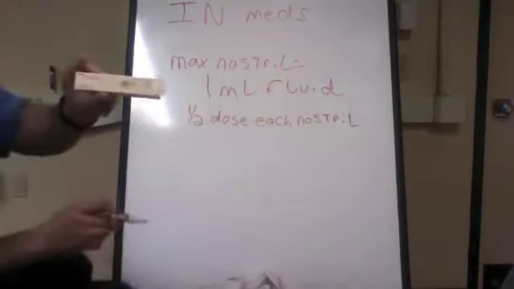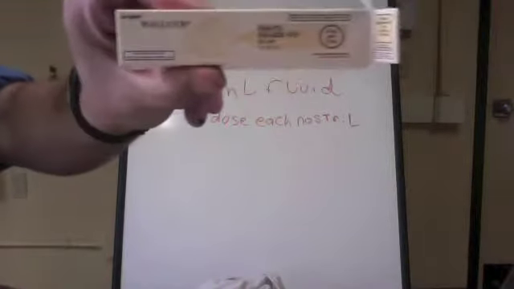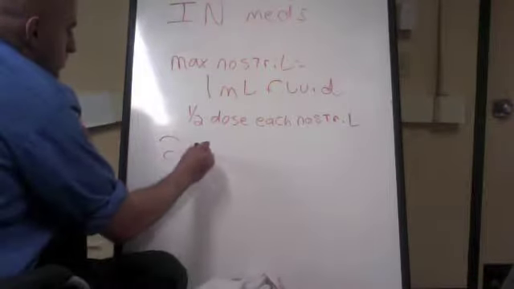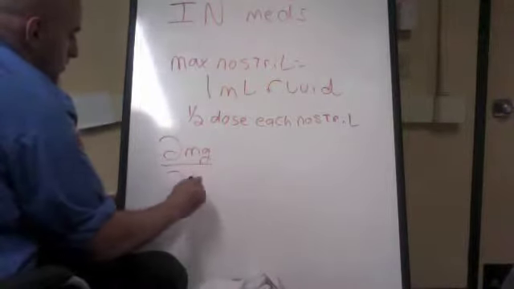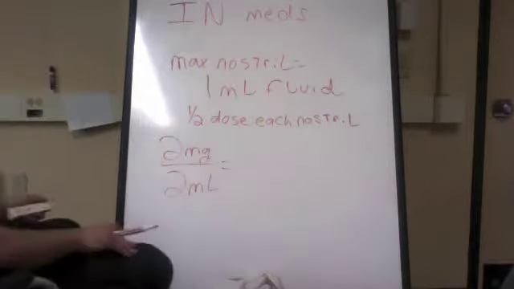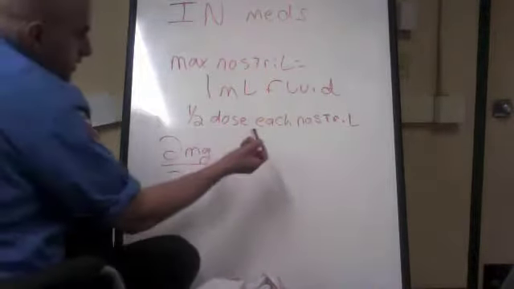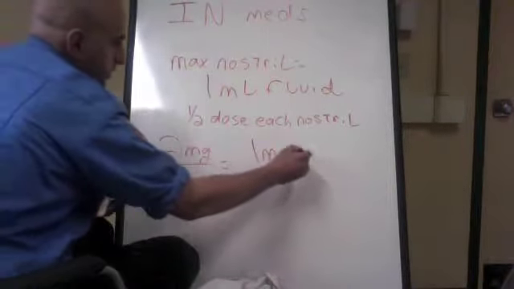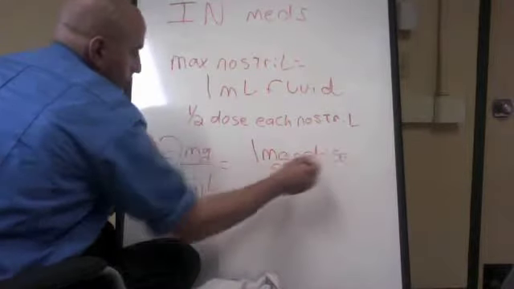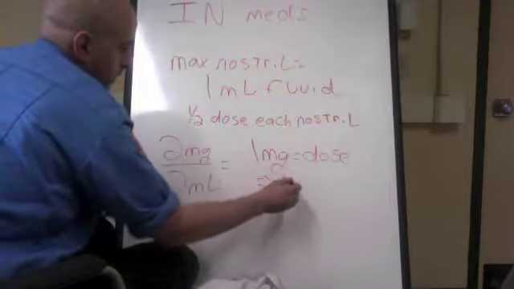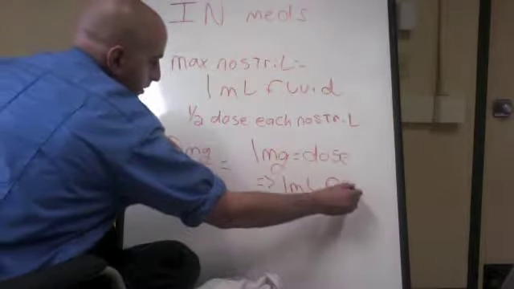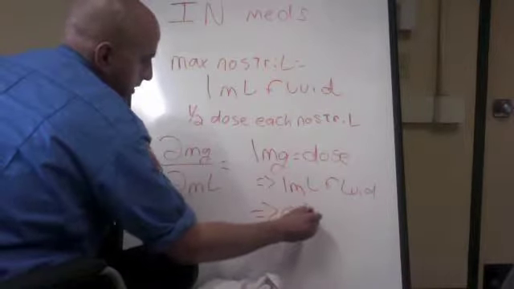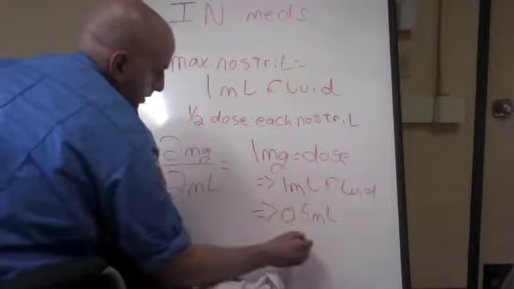So your classic, again, being Narcan. This comes packaged in 2 milligrams in 2 mLs, and our dosage, we'll just say we're going to do 1 milligram would be our dose, which would equal 1 milliliter of fluid, which would in turn equal half a milliliter in each nostril.